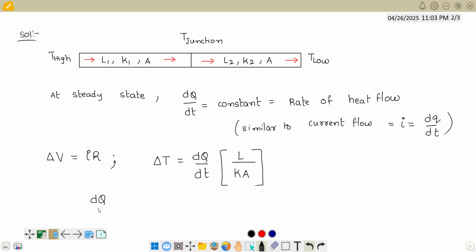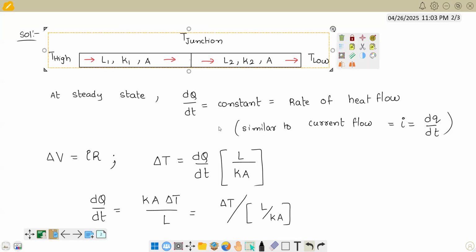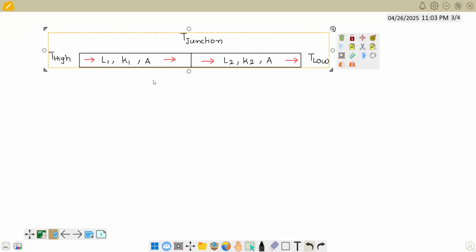If you see, you will find dq by dt equals K A, and they take this term to this side, delta T by L. But I personally like delta T by L by K, because this reminds me of potential difference divided by resistance. Once you understand this logic, we will use some rules to solve the problem.